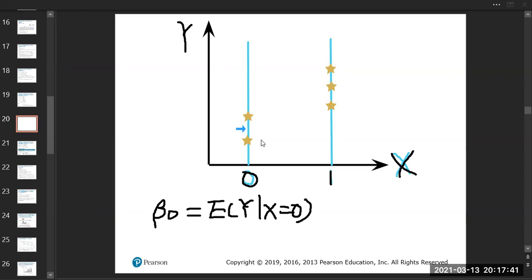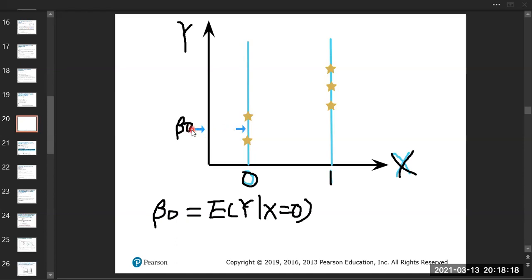This one is beta 0, because it's the average of these 2 stars. We are getting the expectation of y conditional on x equals to 0, so we don't need to care about these 3 stars when x equals to 1. We only care about x equals to 0, and because we are taking expectation, it is the middle point of these 2 stars. So this one is beta 0.